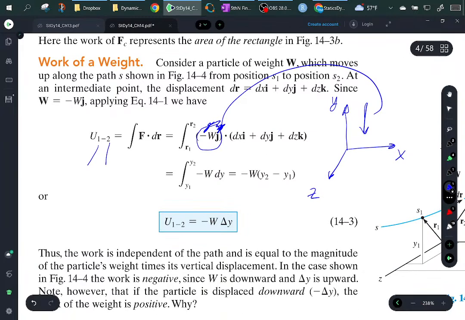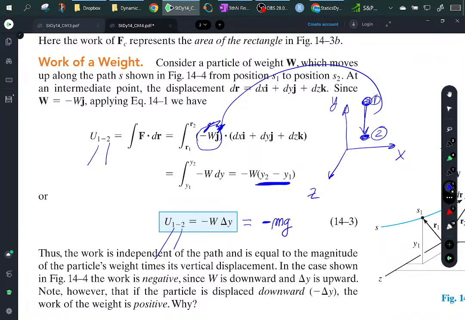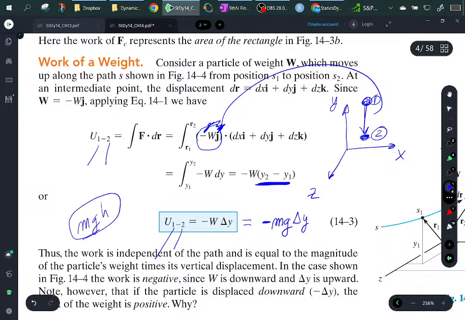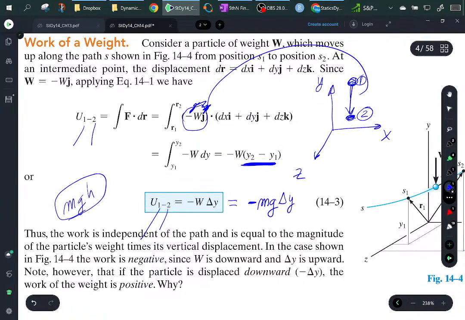You move a certain distance in the y, so state 1 might be up here, state 2 a little lower. Going from state 1 to state 2 is equal to this. The weight is nothing more than mg, and he's saying delta y. So this is something you've seen before, mgh, in your equations in physics.